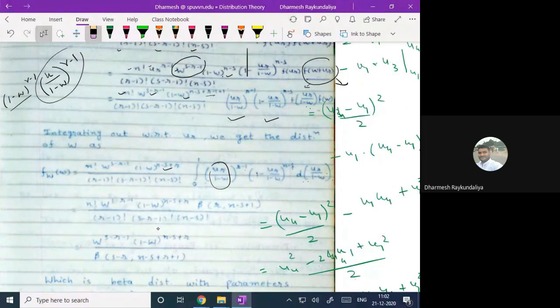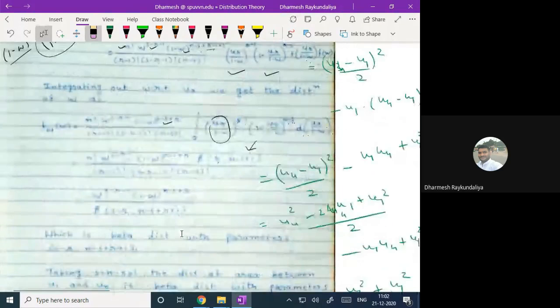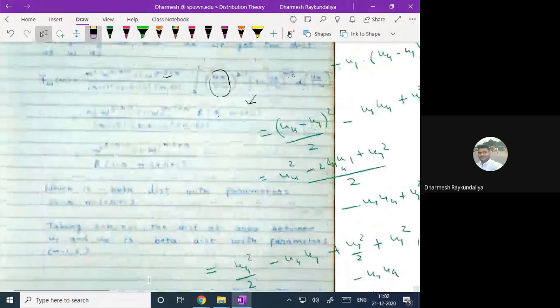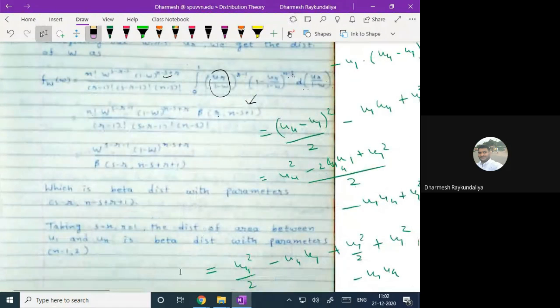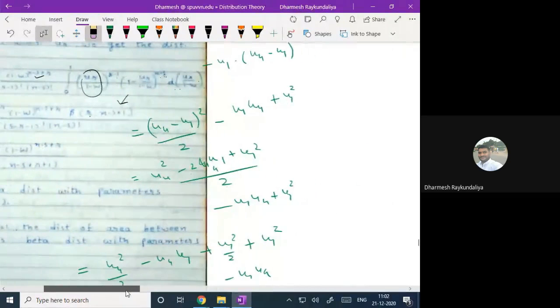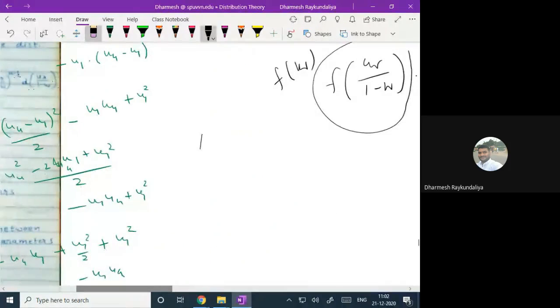And if the range is 0 to 1, it has a beta of r and n minus s. You have to add plus 1 and minus 1, so that is beta of r, n minus s plus 1. So if you write this, you can have n factorial, r minus 1 factorial. Now, how did this quantity come?